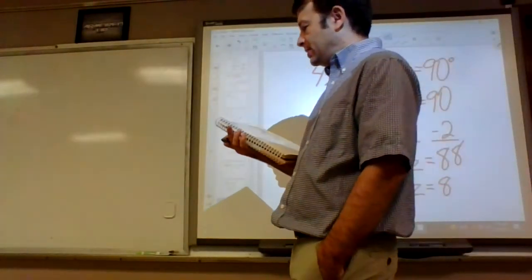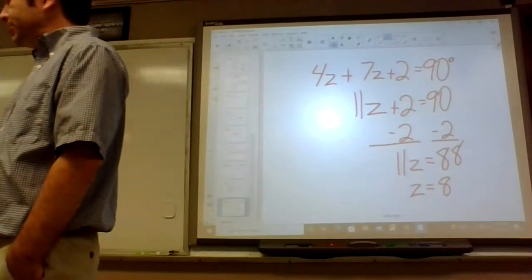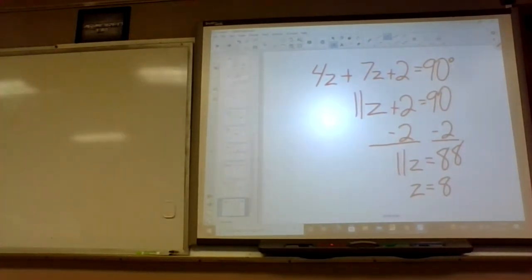If z is 8, how do I find the measure of angle GHJ? Right, it says GHJ is 4 times z. You guys see that? So you just do 4 times 8.